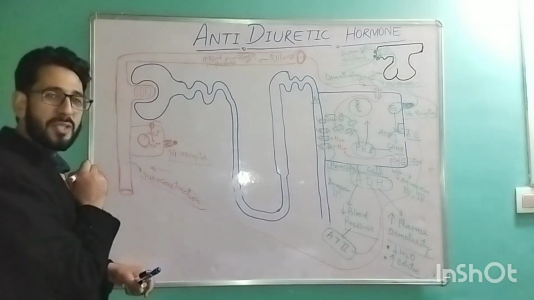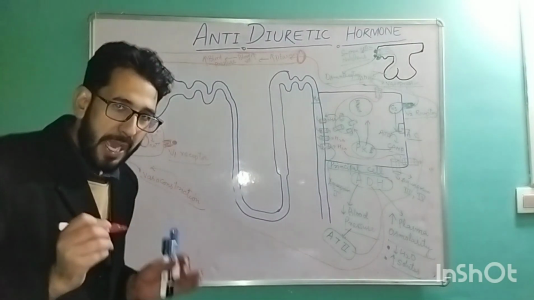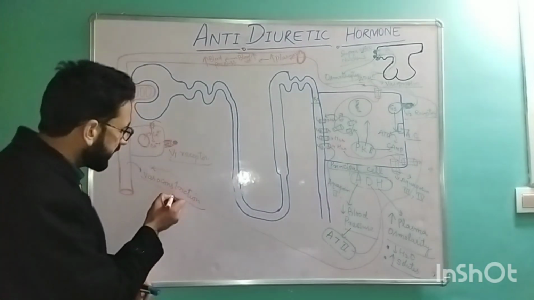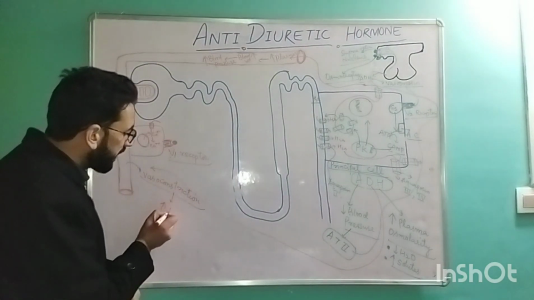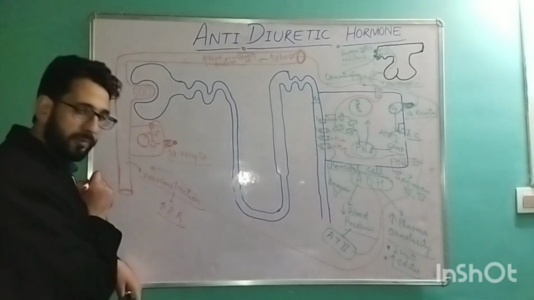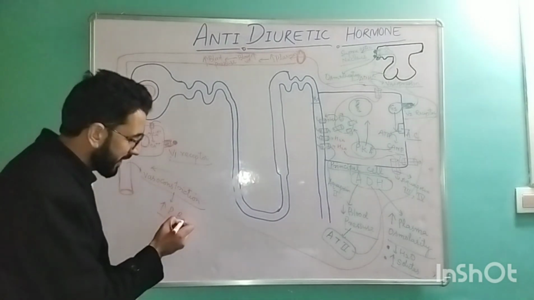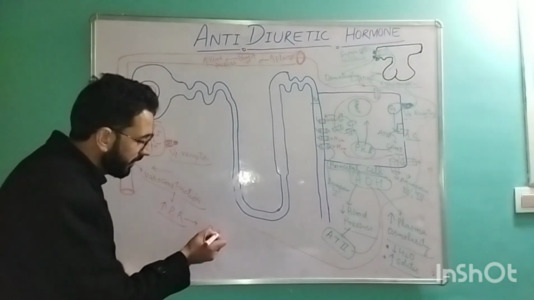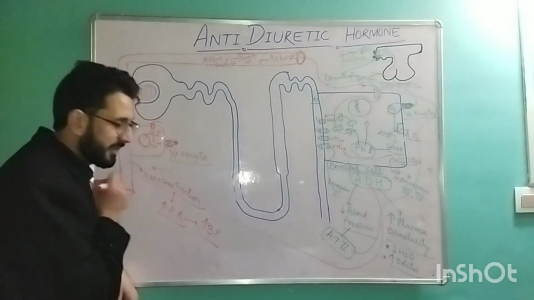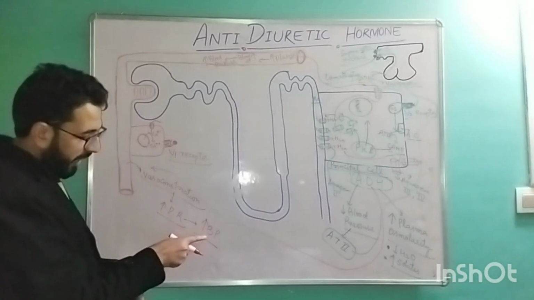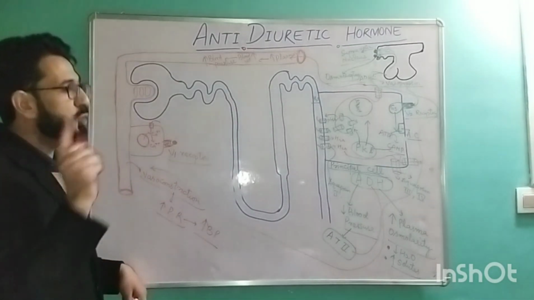And if there is vasoconstriction, what will happen to the diameter of these blood vessels? Diameter will decrease, and that will lead to increased peripheral resistance. Okay, and if there is increased peripheral resistance, what will happen to blood pressure? That will definitely increase.